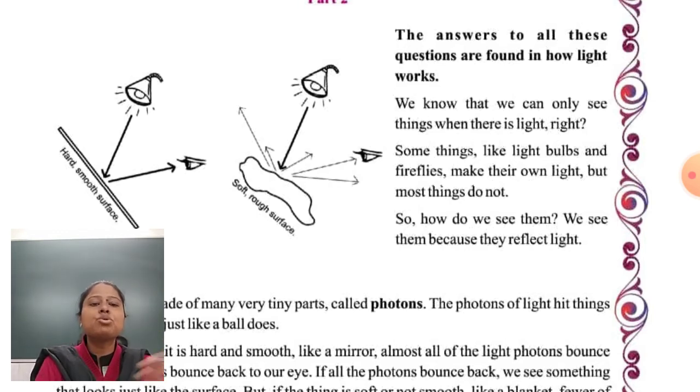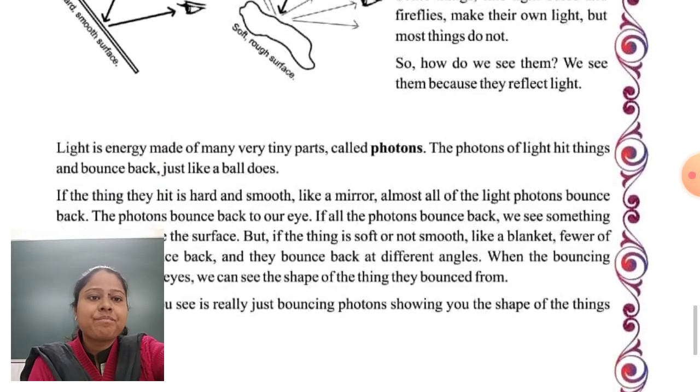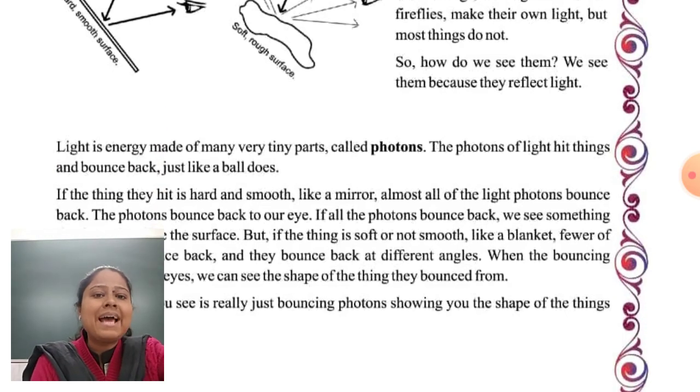Then how do we come to know the shape of the things? Everything does not have its own light, but some things like a bulb or fireflies have their own light. Light is energy made of many very tiny parts, which are called photons.